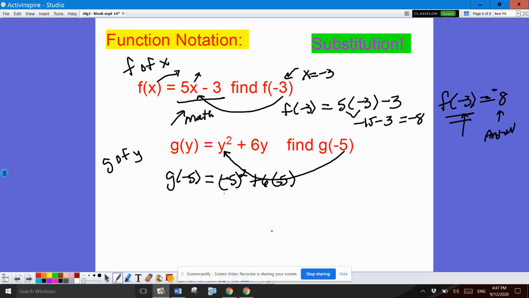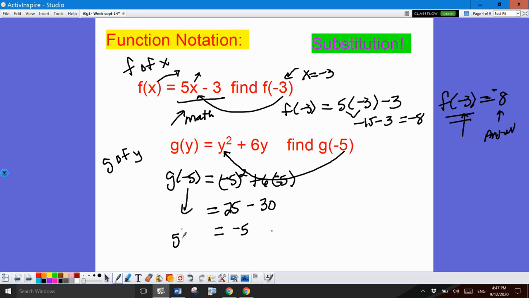Negative 5 squared, remember a negative times a negative is a positive, so 25, and I probably don't want to have a plus there because that's actually minus 30, because 6 times, remember, that's a negative 5. And I know that 25 minus 30 is negative 5, so this guy's going to drop. There's my notation. So g of negative 5 equals negative 5. That is my solution.